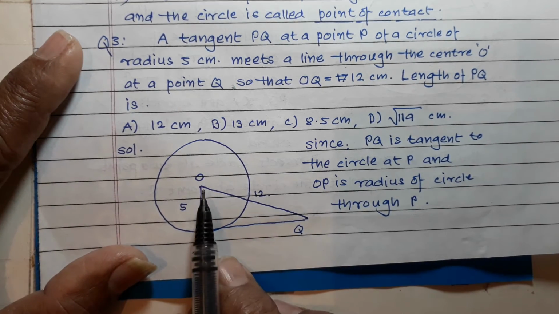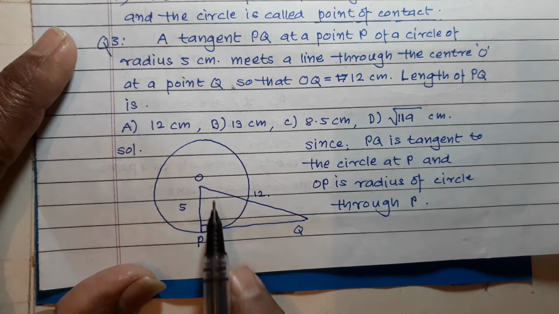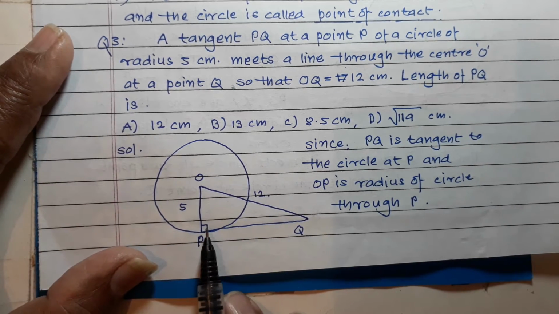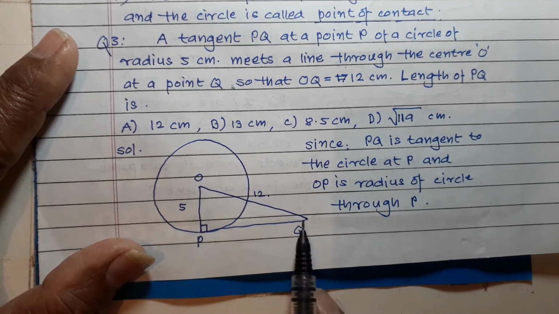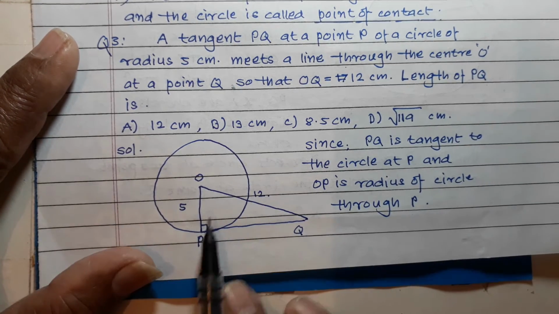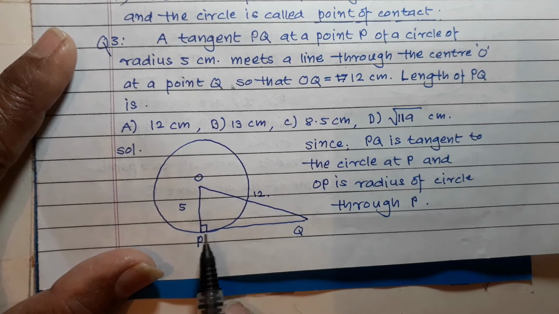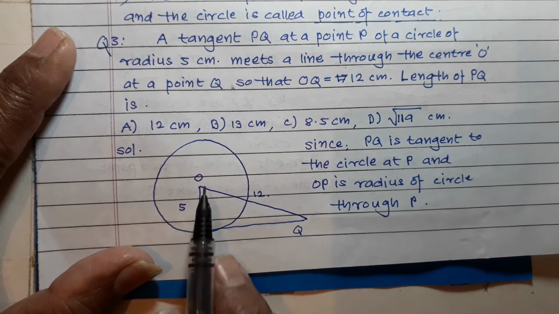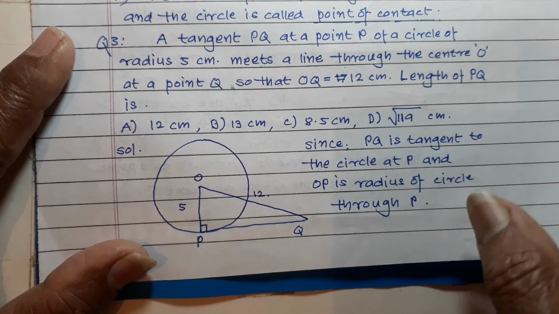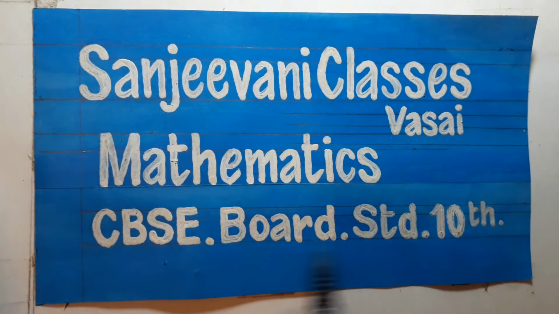Now you know the tangent is perpendicular to the radius, therefore this angle is equal to 90 degrees, and hence this is a right angle triangle. So use the Pythagoras theorem. PQ square is equal to OQ square minus OP square. Substitute values.